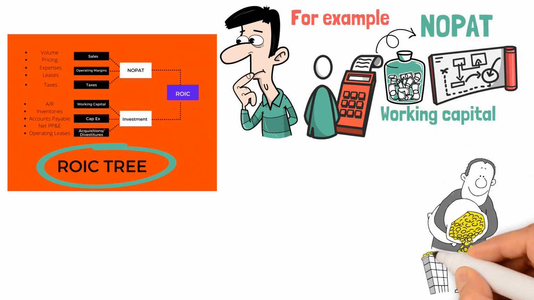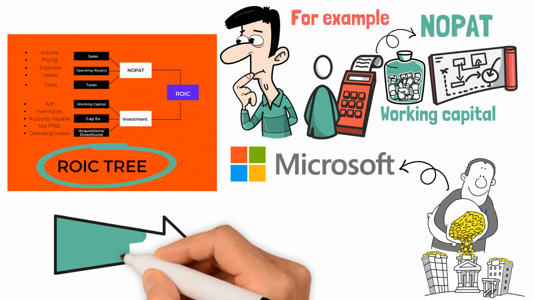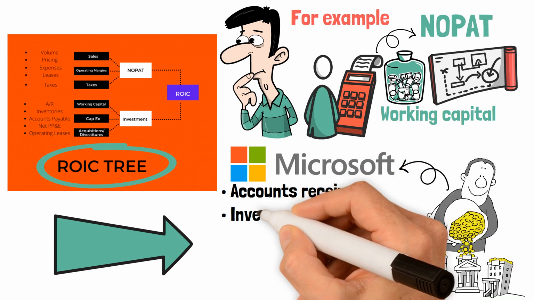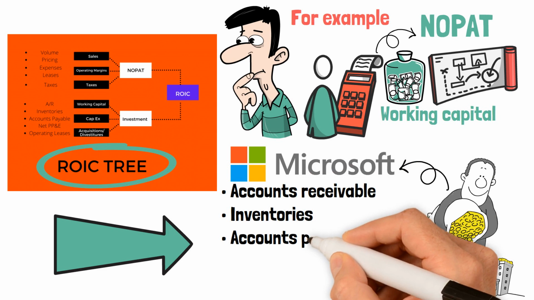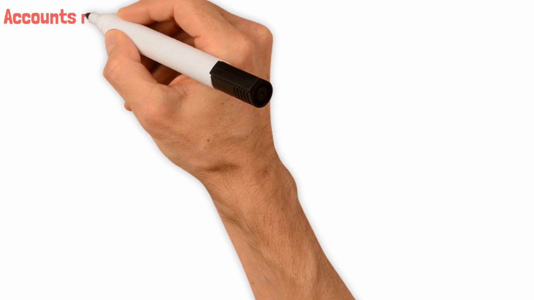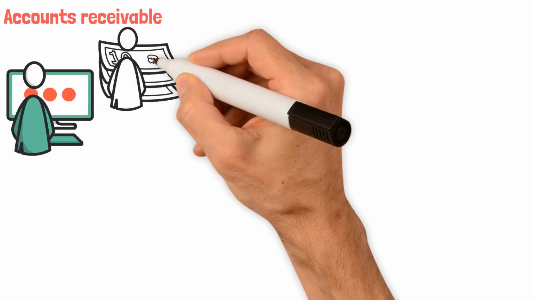If we look at the investments a company such as Microsoft makes, we need to take into account the items including accounts receivable, inventories, accounts payable, goodwill, intangibles. And if we look closer at a few of these, we find accounts receivable. This account tracks customers receiving a product but hasn't paid for the product.